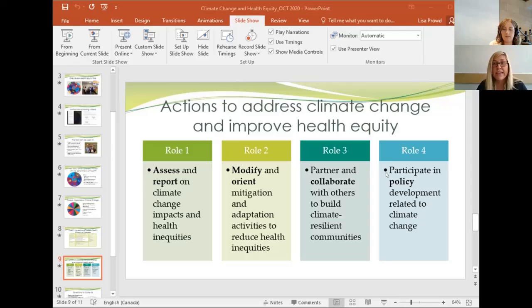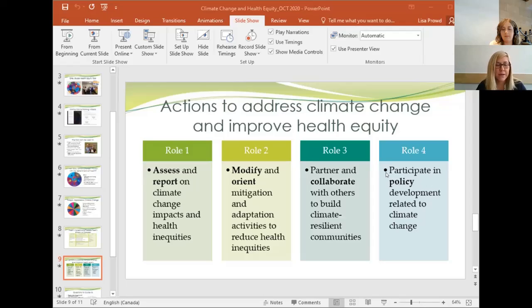And the tool really helps us to identify populations who are at an increased risk, as well as any potential impacts, whether it's a negative impact or a positive impact, and what strategies we can consider to help mitigate those impacts. So if you'd like more information on the online tool, there is a link to the Health Equity Impact Assessment tool.